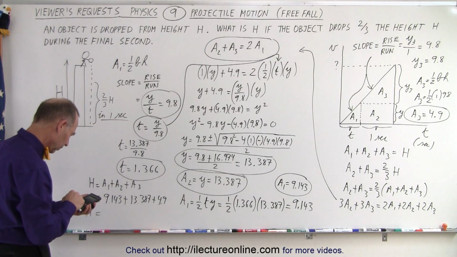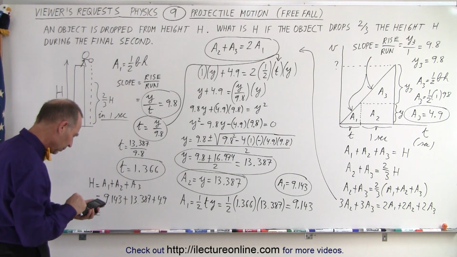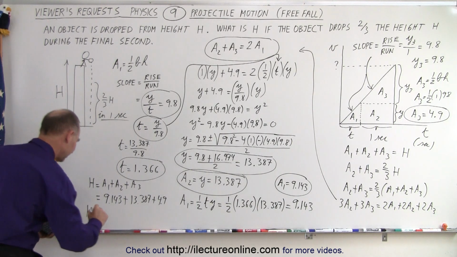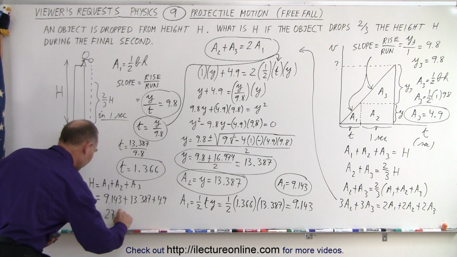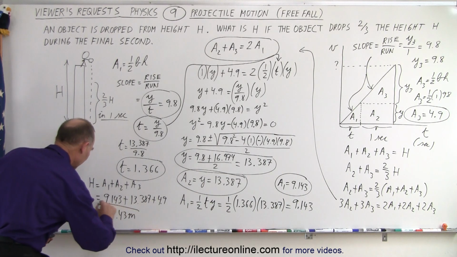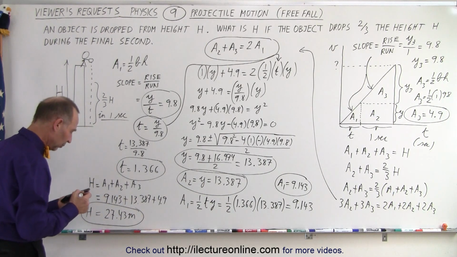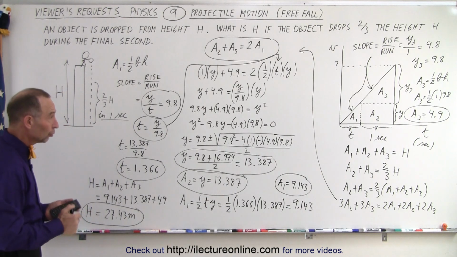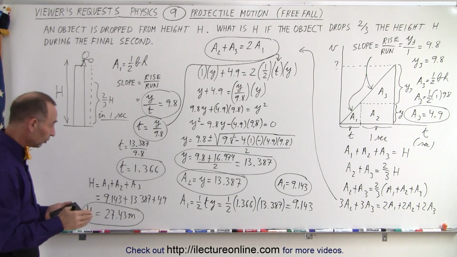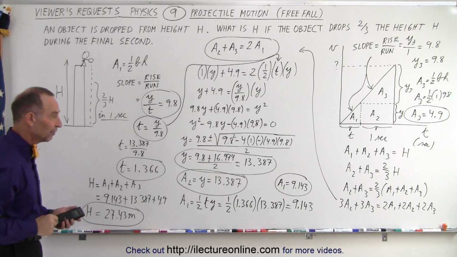And so the total height, which is what we're ultimately looking for, is 9.143 plus 13.387 plus 4.9 equals 27.43 meters. And that is the height from which the object was dropped in order to travel 2/3 of the total distance in the last 1 second of its path.